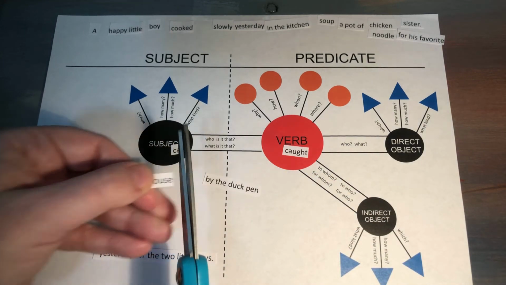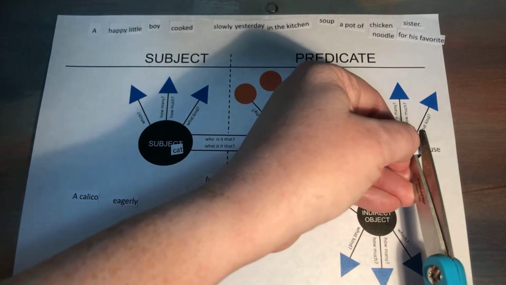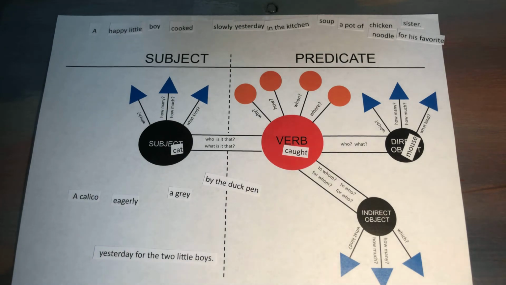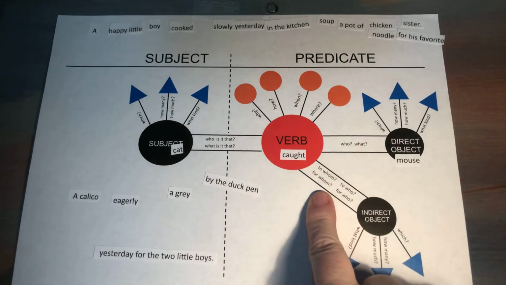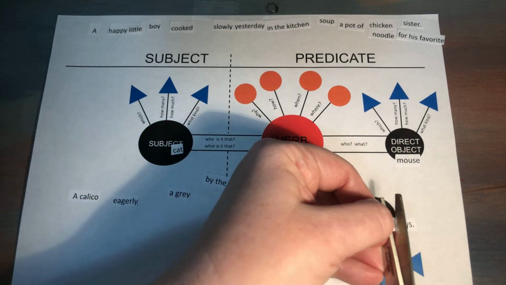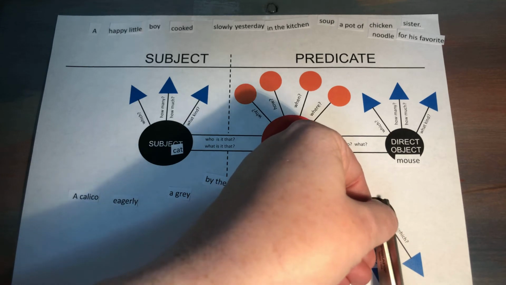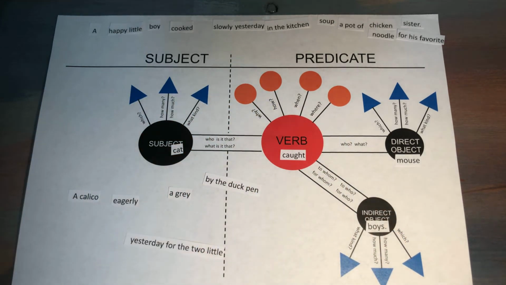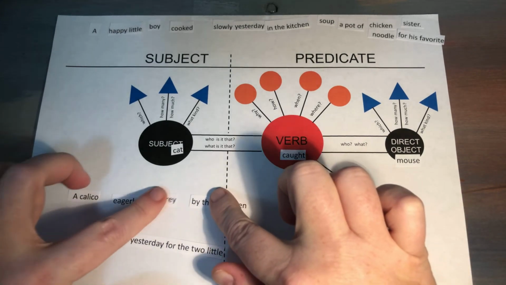So let's cut out the word mouse, because that is our direct object. For whom or for what did the cat catch the mouse? She caught it for the boys. Boys would be our indirect object. There we go. Now let's look at all these other words we still have to work with.